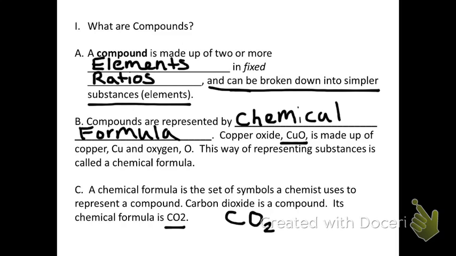That's a fixed ratio, a 2-to-1 ratio, and that is true for every carbon dioxide compound. It always has a 2-to-1 ratio: 2 elements of oxygen to 1 element of carbon.